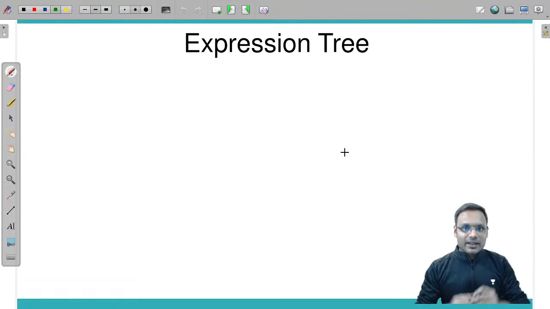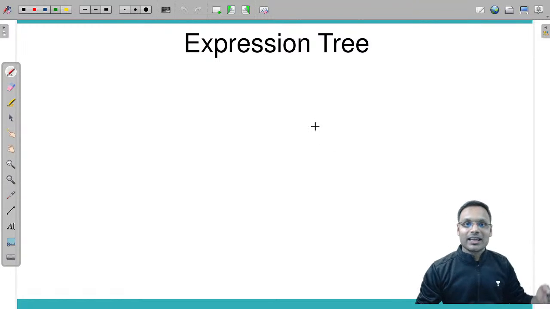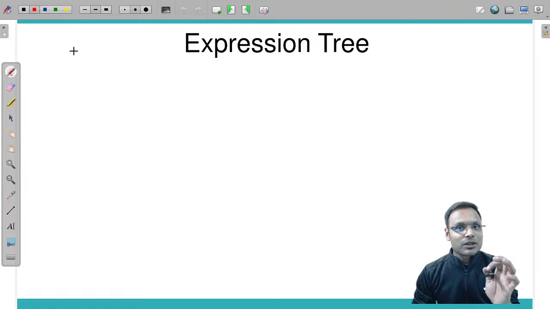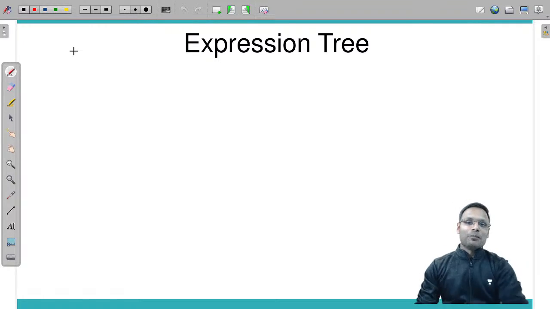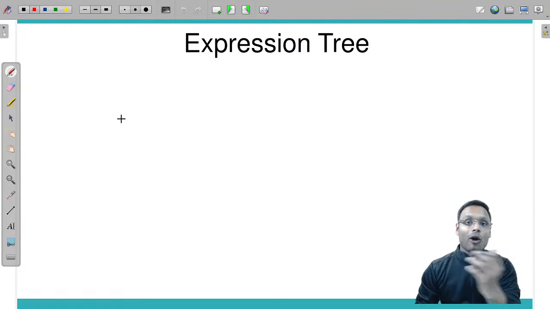What is the expression tree? ये चेहरे के एक्सप्रेशन की बात नहीं है बाबू, ये बात है आपके computers के expressions की, using which you denote the operations.